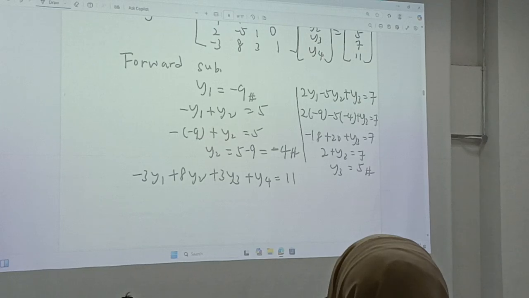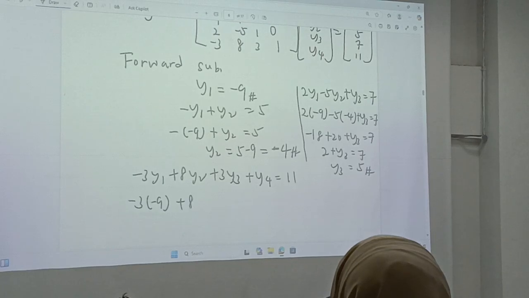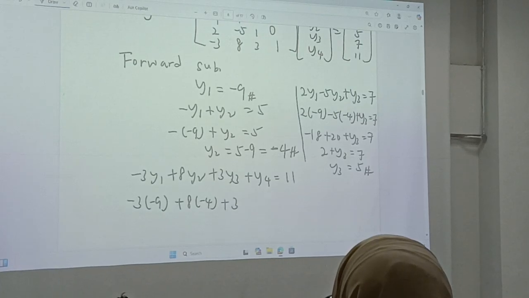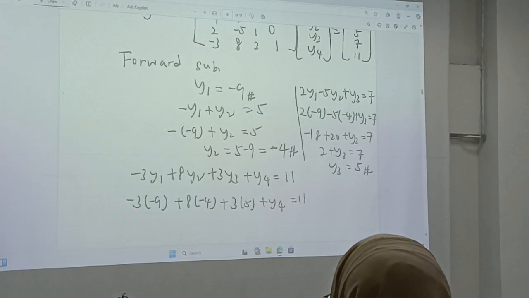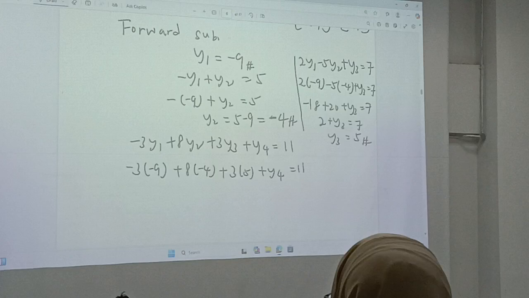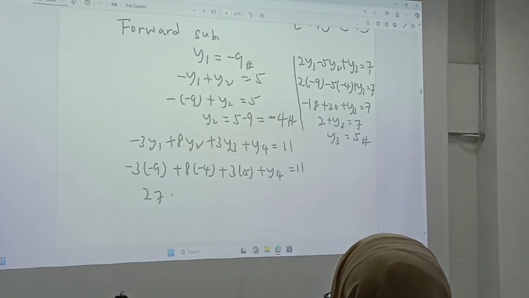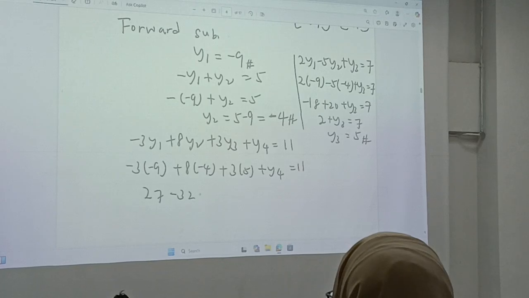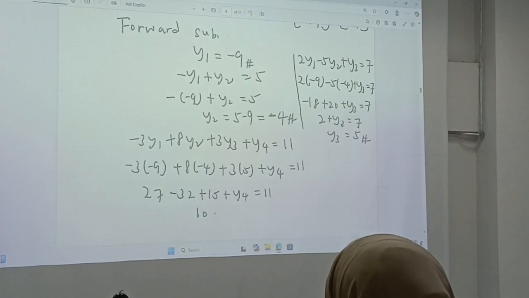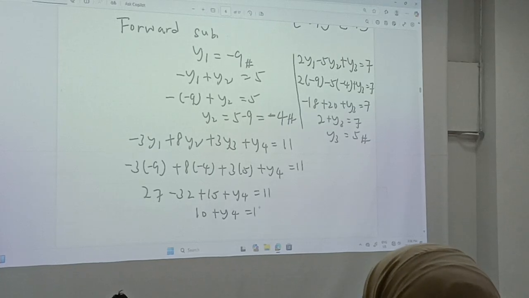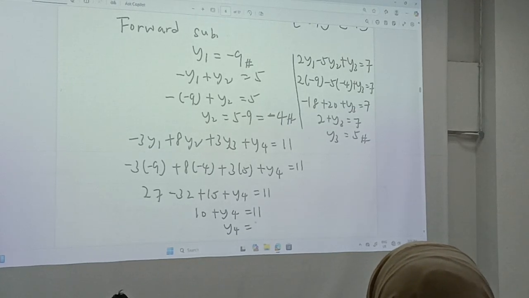Plugging in all the values: y1 equal to negative 9, y2 equal to negative 4, y3 equal to 5. Negative plus 15, so that equals 10. So y4 equal to 1.